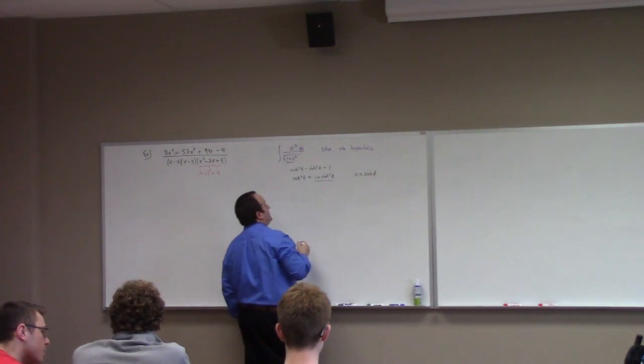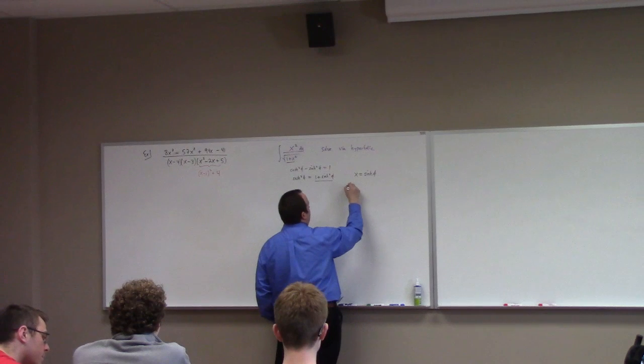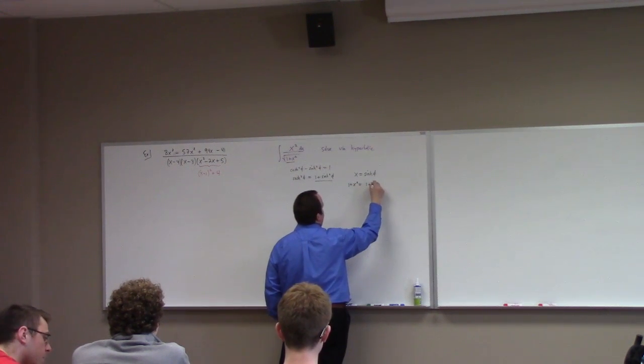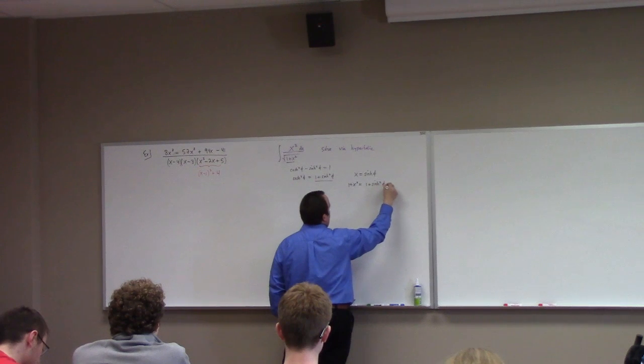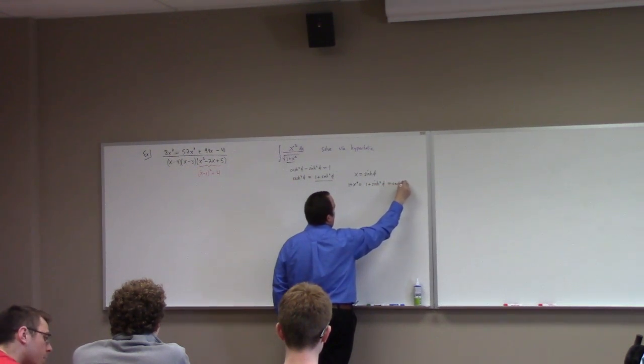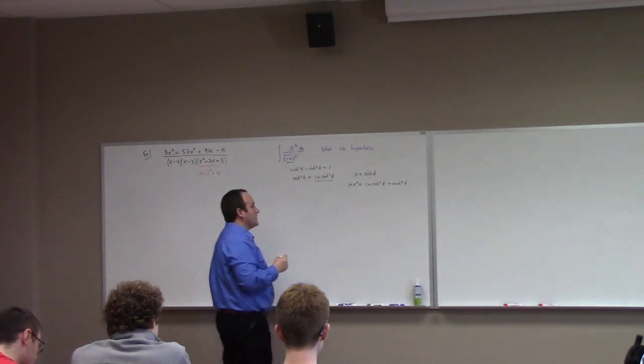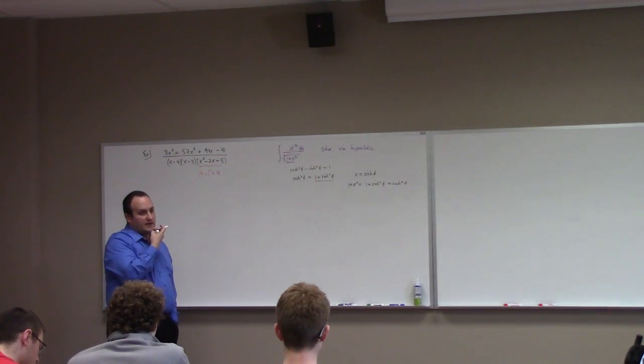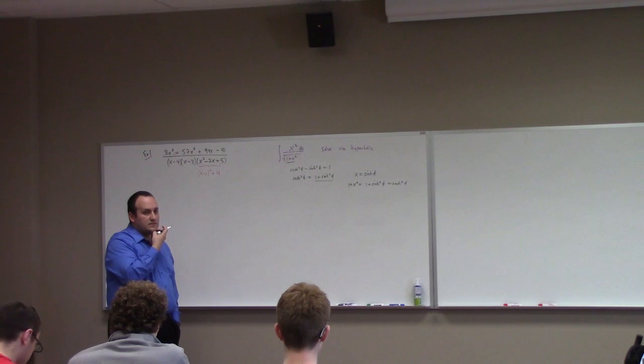Because if I set x equal to sinh phi, then what's 1 plus x squared going to be? Right, cosh squared. So that would be the substitution I make, and go from there.